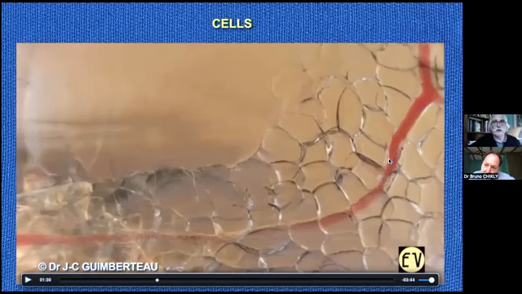Sometimes, in one of my movies, I have shown that sometimes you're observing cells and you don't see vessels. But if you move gently around, just beside, and then you come back, you can see the vessels. It depends on the pressure.